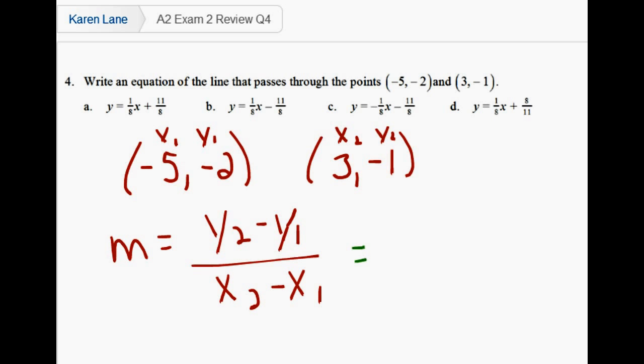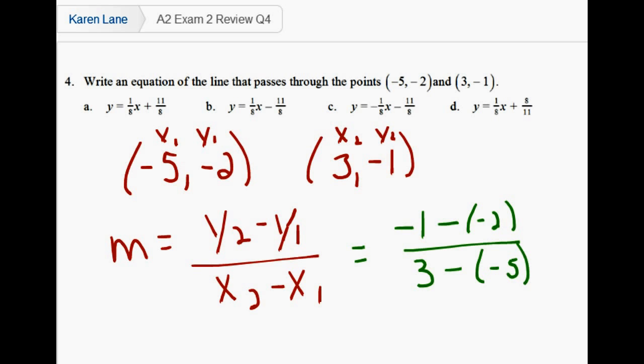All right, filling in what we have, it would be -1 minus -2 over 3 minus -5. So that equals -1 plus 2, which is 1, and 3 plus 5, which is 8. So our slope for this equation is 1/8.